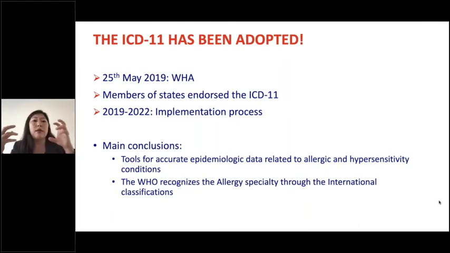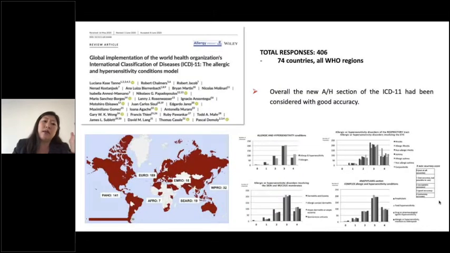So, in fact, with this, we now have all our conditions visible from the international perspective, and in other words, it provides us the possibility of increasing awareness of terminology and definitions of allergic conditions.